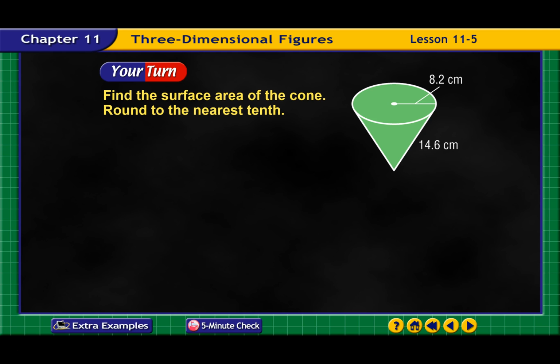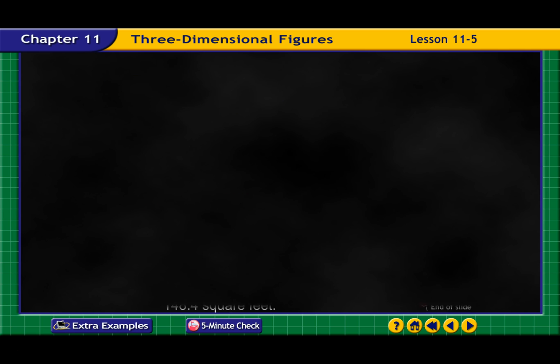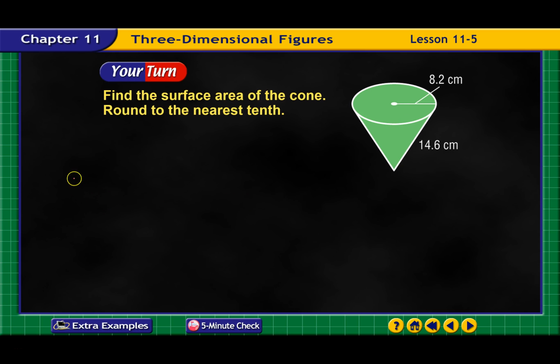Okay, to find the surface area of the cone, we need to use that formula. So the surface area equals pi r L plus pi r squared. Add all those together. So r is 8.2.